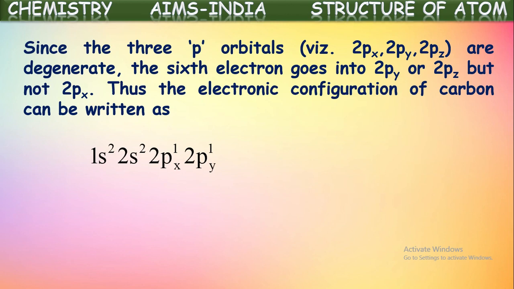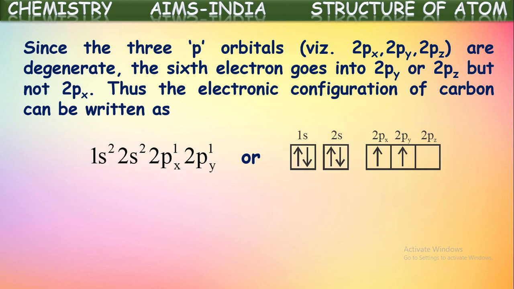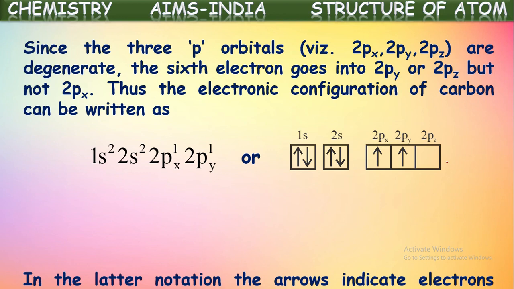Okay. This also can be represented diagrammatically like this. So see here, this sixth electron will not pair up with this already existing fifth electron. It will first occupy either of these two empty orbitals. After filling these empty orbitals completely with single electrons, then only pairing will start.